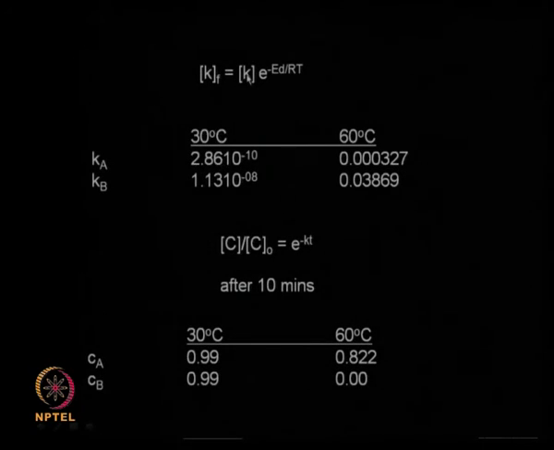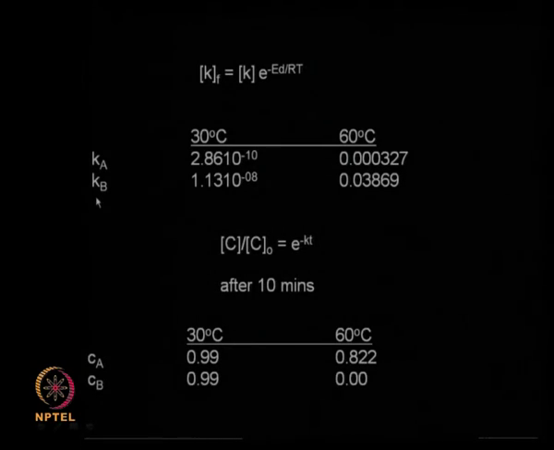So I can substitute here, I can calculate the actual K by substituting those values. So for the first lipase at 30 degrees I get the K as this, and for the second lipase at 60 degrees I get the K as this.